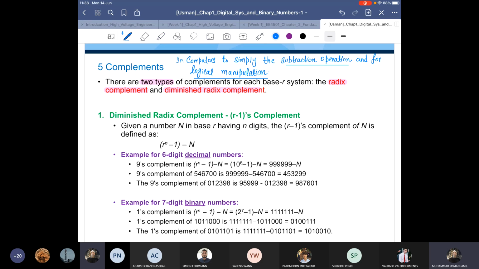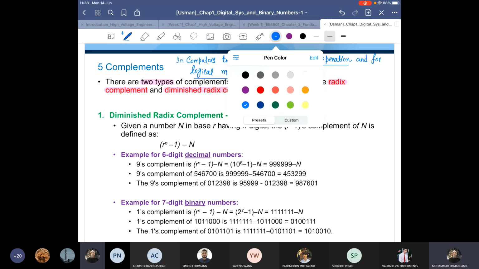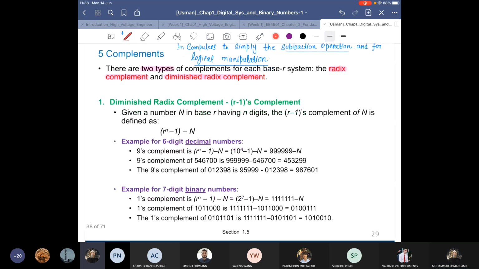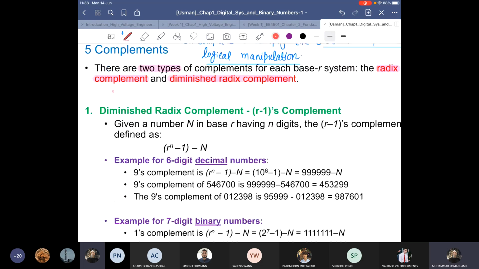So this one, the radix complement, is also called R's complement. Okay, R's complement.